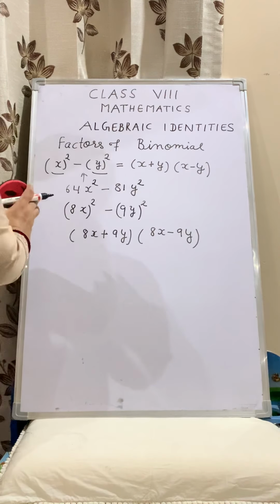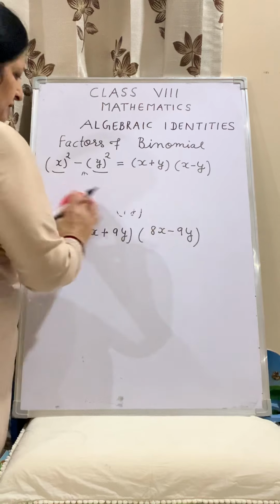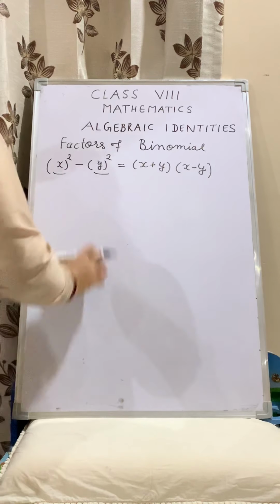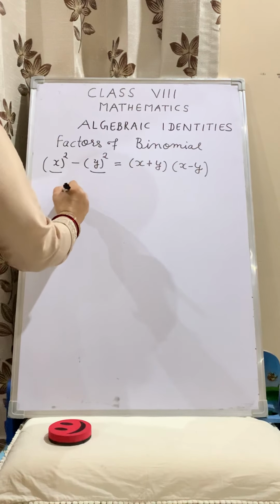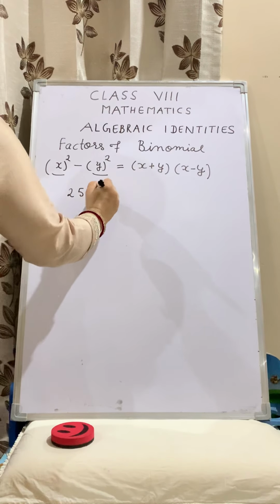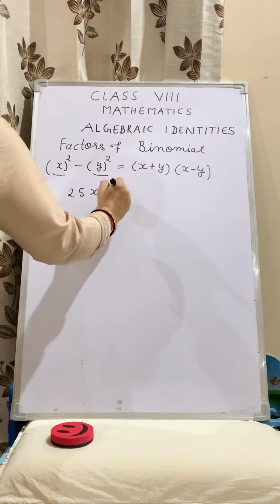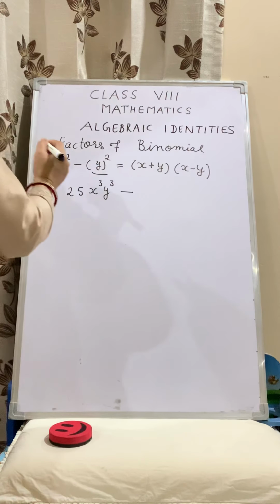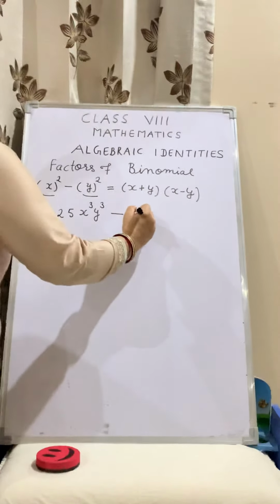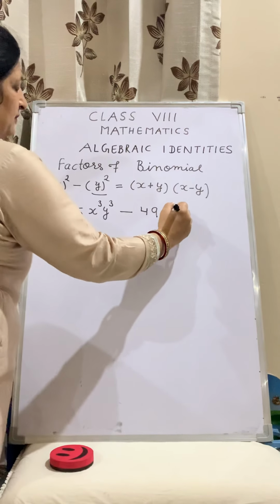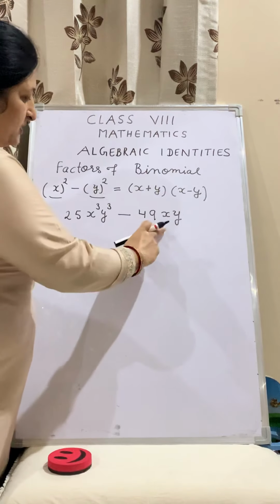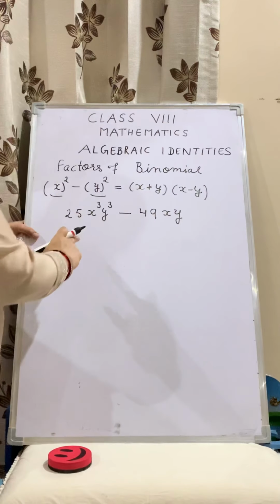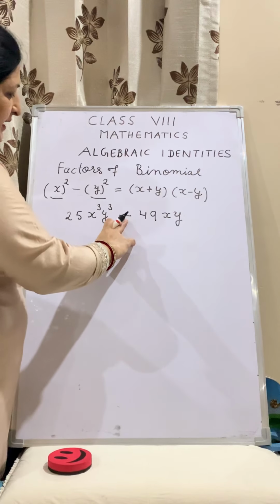Second example, 25x cube y cube minus 49xy. Now these are also two terms and the sign between the two terms is negative.